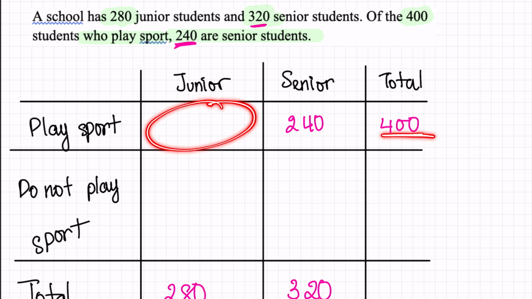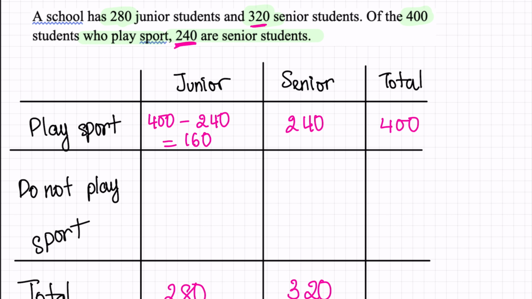So the total, take away the senior, you have 400 take away 240 equals 160. Now, up to here, you have the number of juniors who play sport. You need to find the number of juniors who do not play sport. So 280 take away 160 equals 120.